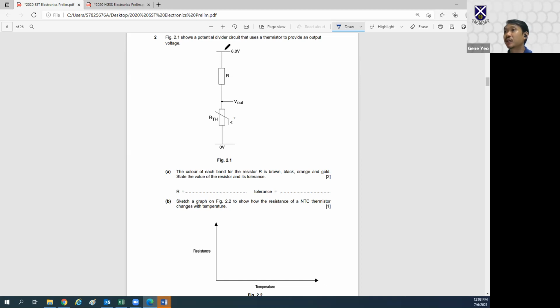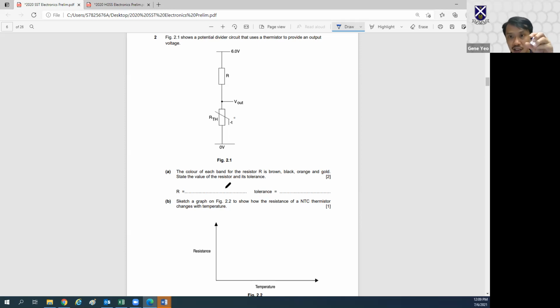This is a potential divider circuit that uses a thermistor. The color of each band is brown, black, orange, gold. State the value of the resistance. I'm going to assume that no one here has any issues reading the resistance band of colors. Anyone here needs help interpreting the colors?